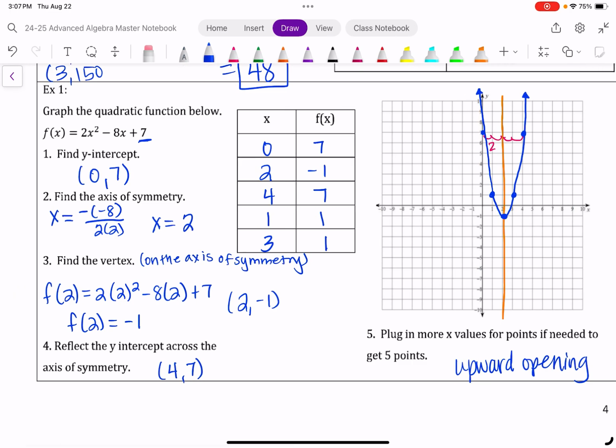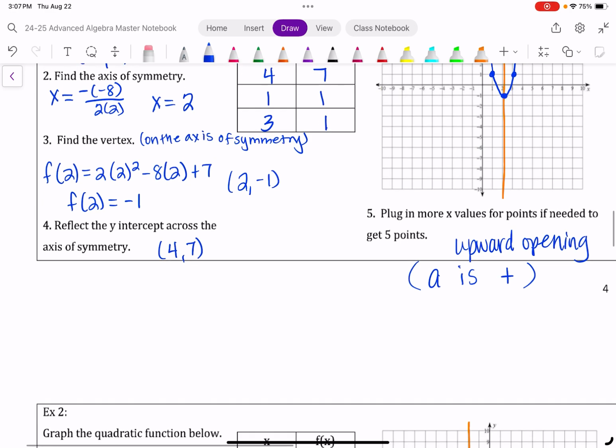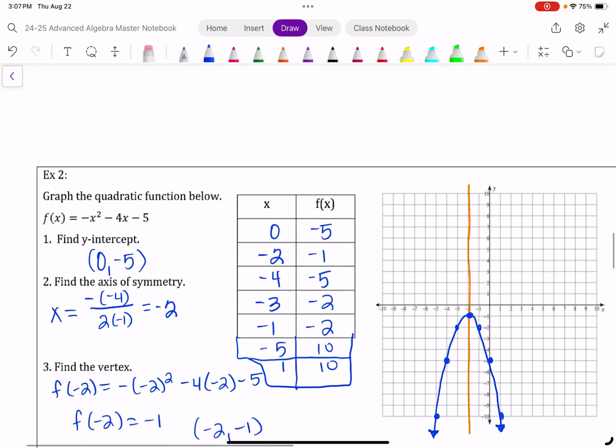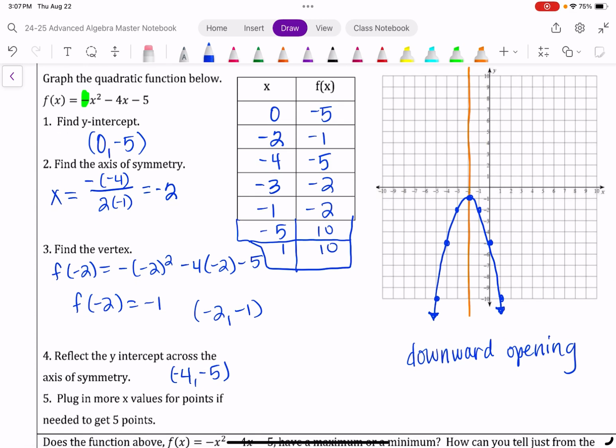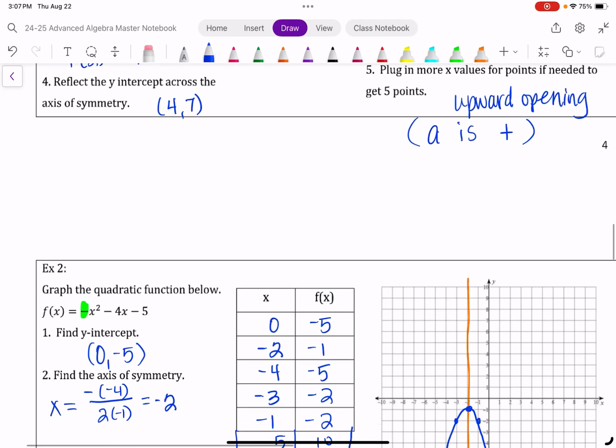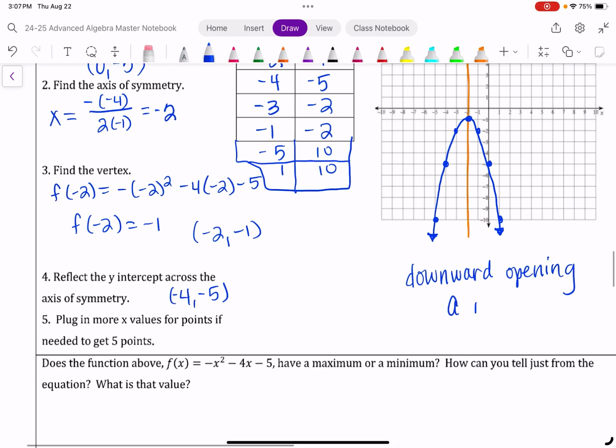Look at A. Look at A. If A is positive, it opens upward. If we come over here and look at this, A is negative.